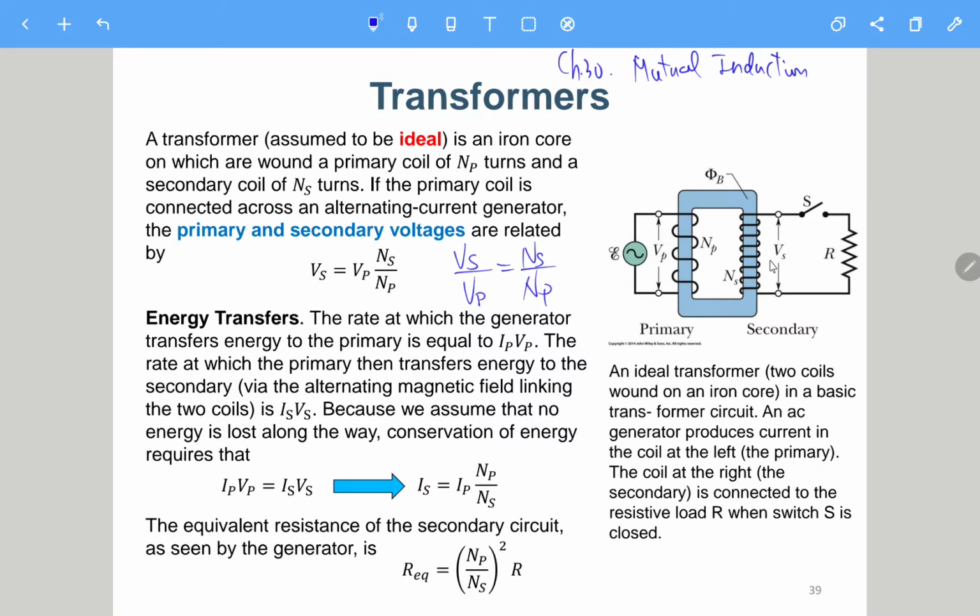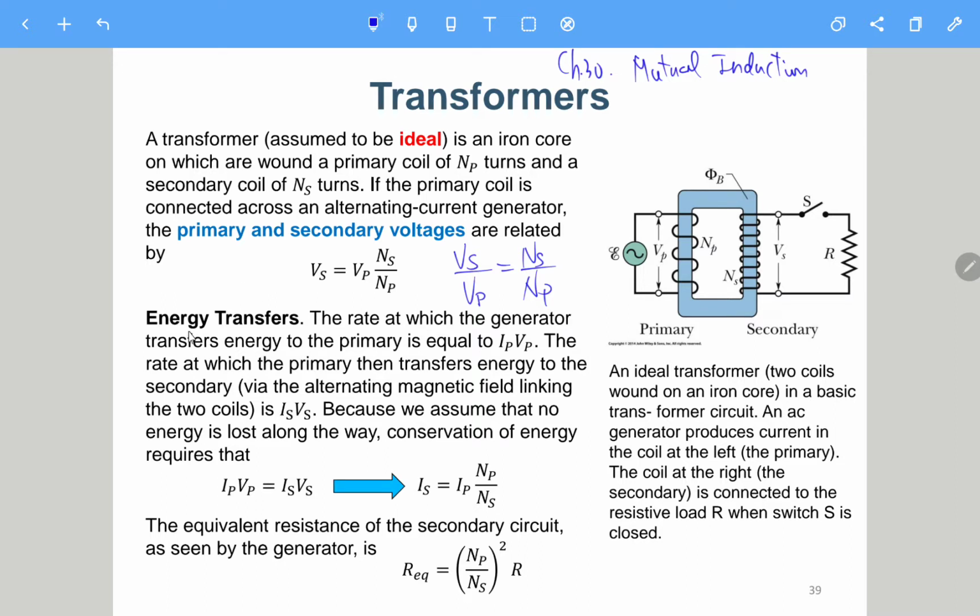Usually from the generator, the voltage might be as high as hundreds of kilovolts, and then we use transformers to down convert the voltage to lower values and distribute to different places. Finally, at the home end or at the socket, the RMS voltage is 220 volts in Mainland China.